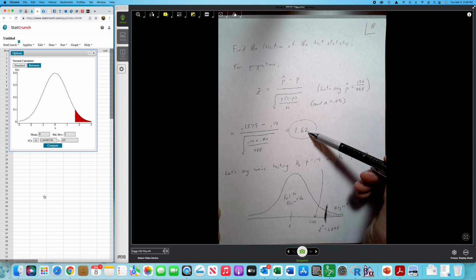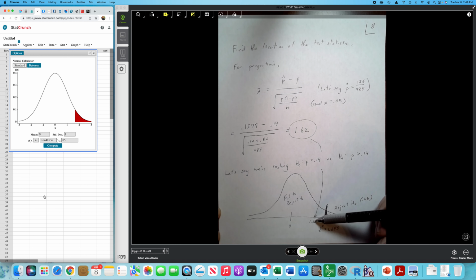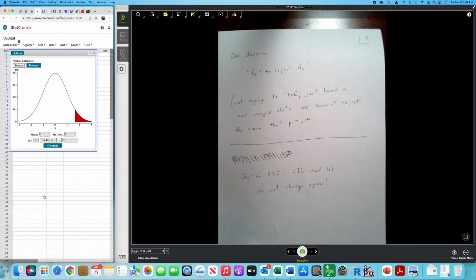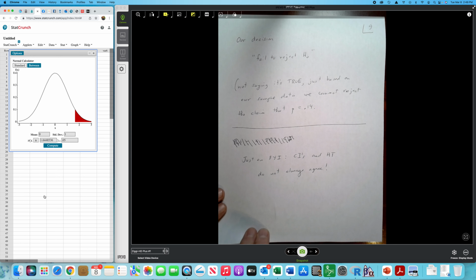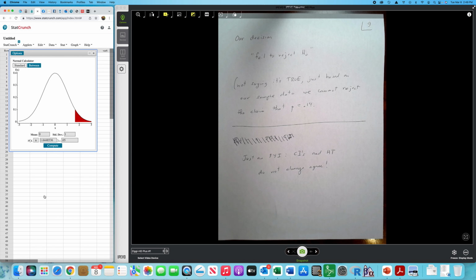If my test statistic is to the left of 1.645, I fail to reject. If my test statistic is greater than 1.645, let's say it had been 2.3. 2.3 is up here somewhere, right? Then I would have rejected H sub 0. The only choices that you have are to reject or fail to reject.